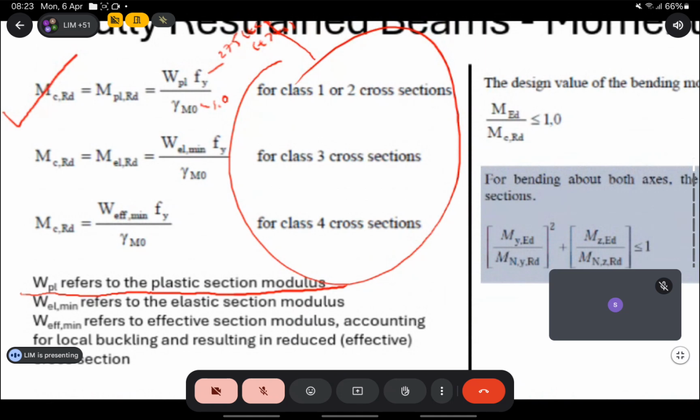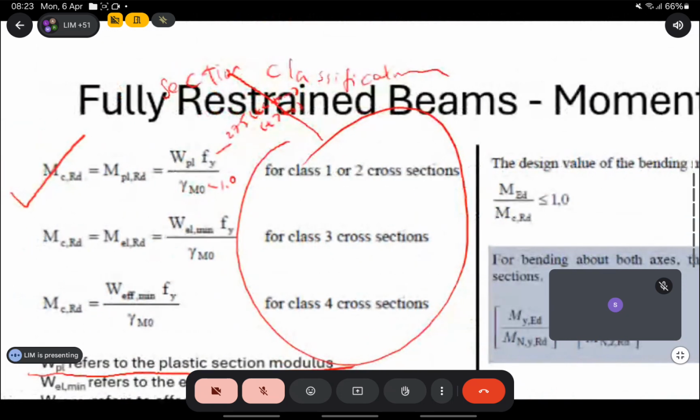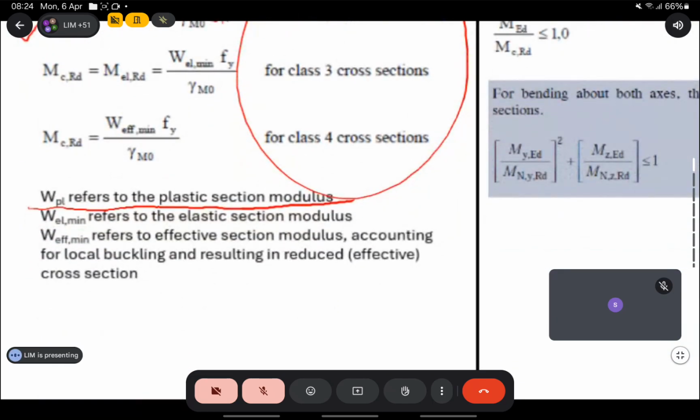It's basically the formula S, which you may have studied before in mechanics of solids. In your section table, there is this WPL. So you just choose the WPL that you need in the section table, which I'll show you.